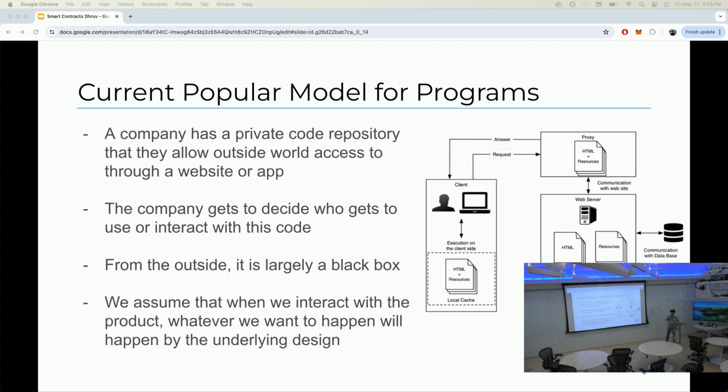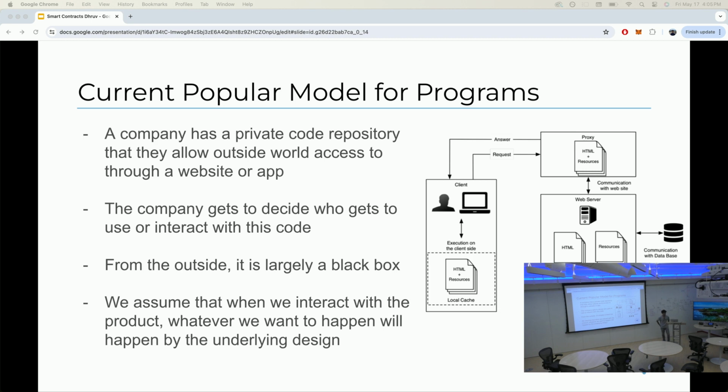Only employees of this company can see and edit the code in this repository, which means the company also gets to decide who gets to use or interact with this code. Because they control the front end, they can decide, okay, we're going to block this IP address, we're going to block this user, or we're going to only allow people from these countries to use the website or the app.